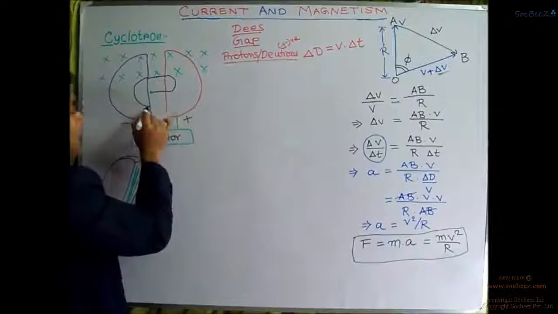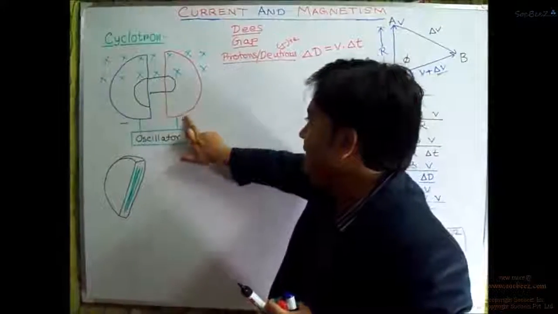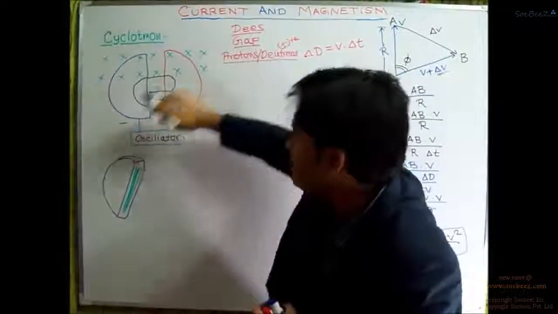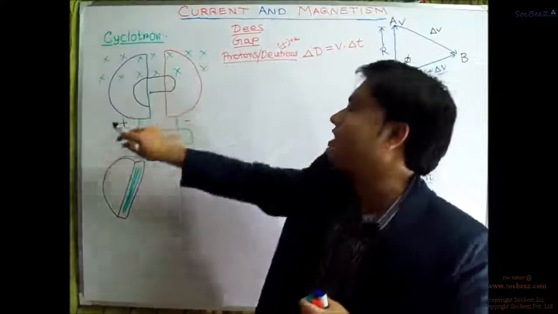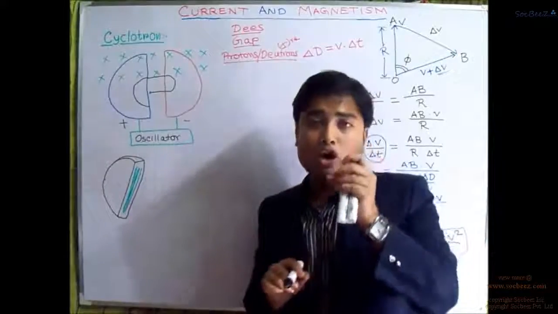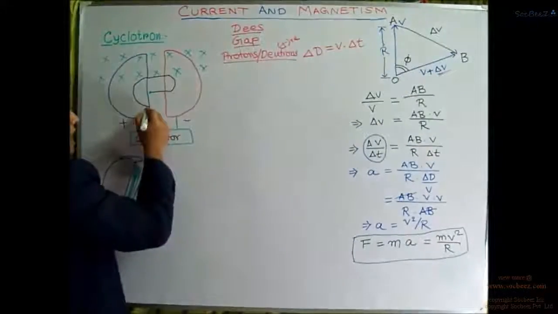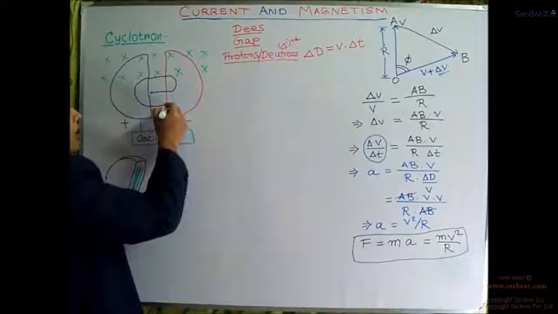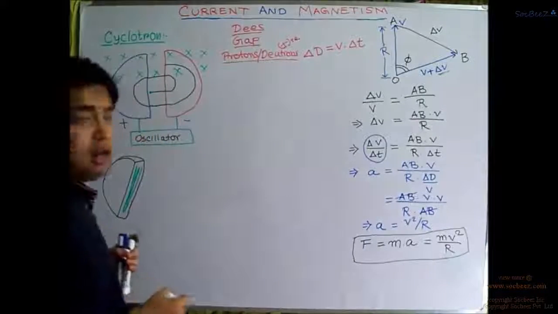And again when it reaches over here, the oscillator changes the polarity again. This is now negative and this is positive. The proton or deuteron, being positively charged, will again be attracted towards the negative D in a straight line, and they will rotate again in a bigger semicircle.